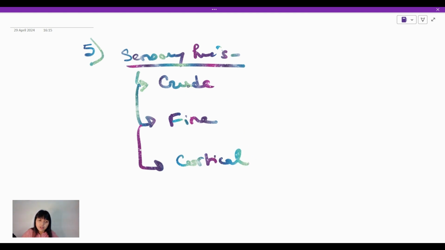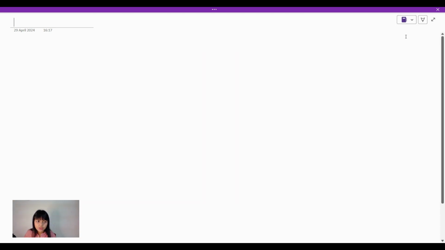In pediatrics, we generally do the crude sensations only, like pain, temperature, because children are generally not able to elicit the fine sensations. Like if you touch a wisp of cotton and ask whether they can feel it or not, they won't be able to do so. And what are the cortical sensations? As you all know, two point discrimination, stereognosis, and so on.